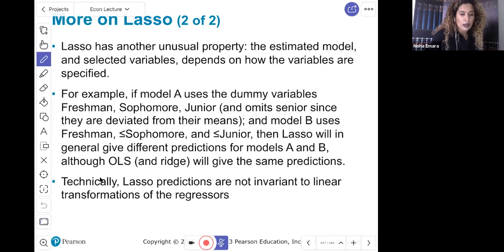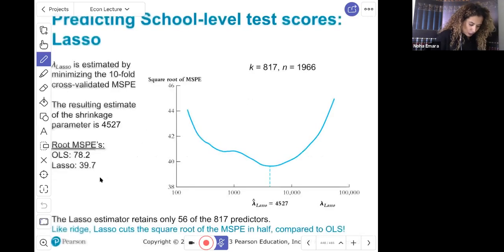So this is one of the disadvantages of the lasso estimation, and it's known, but in case someone is using it, you would see that they are mentioning this disadvantage.